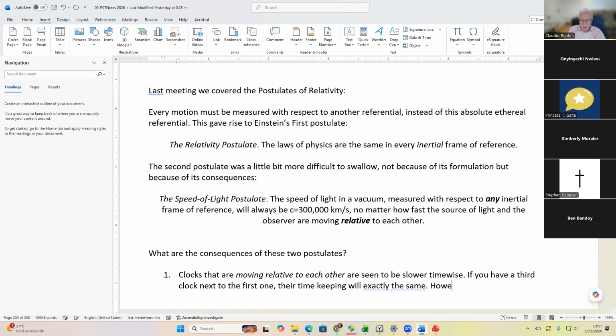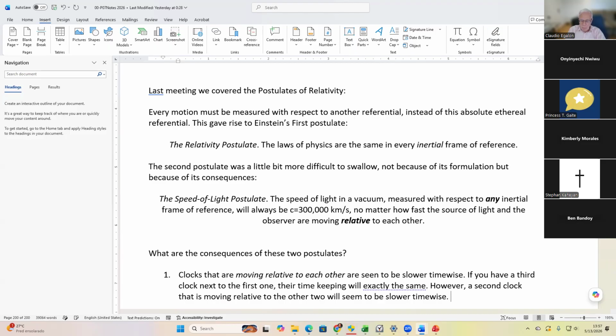However, a second clock that is moving relative to the other two will seem to be slower time-wise.